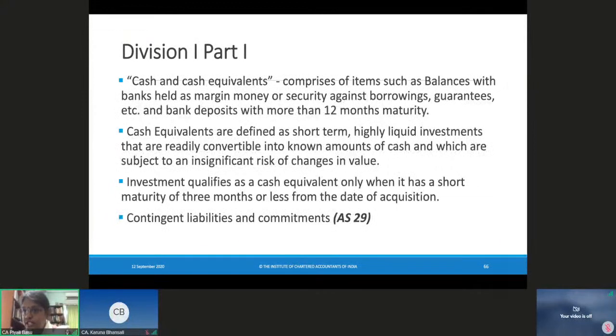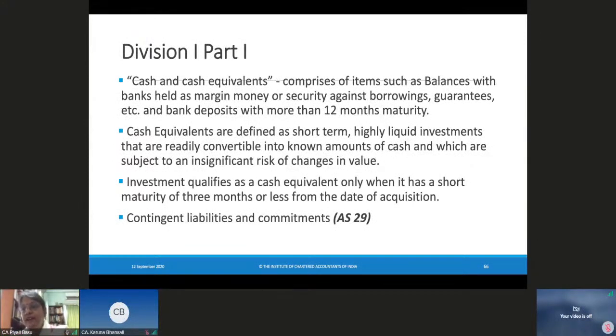The audit paper is not discussing that anymore, and I believe in Inter also you have gone through the accounting standards. I am only touching upon the areas for your exam purpose, in case an MCQ comes, where you should not be confused. When the statement is talking about something, the first thing you have to identify is whether it falls under Division 1 or Division 2.